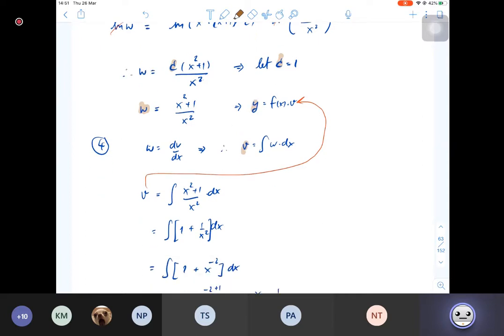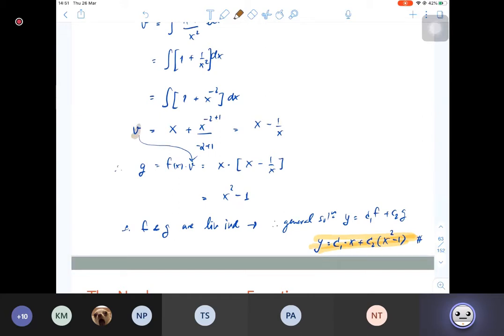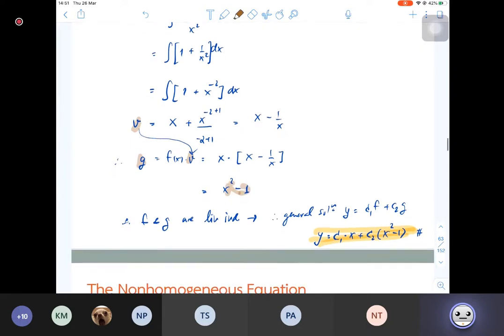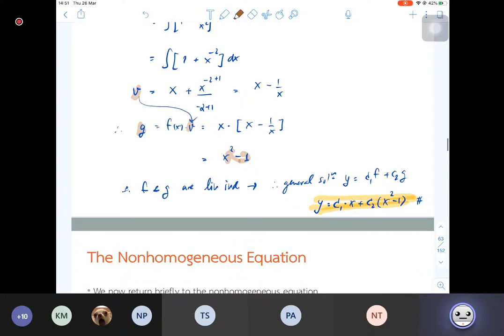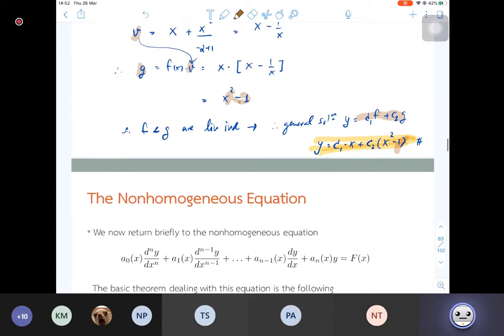Since w equal to dv by dx, we can find v by integrating w dx. When we integrate, you get v, and then you put v into this transformation, and you get another solution for this differential equation. After that, just put them into the general solution form, c1 times f plus c2 times g. This is the general solution for this example.